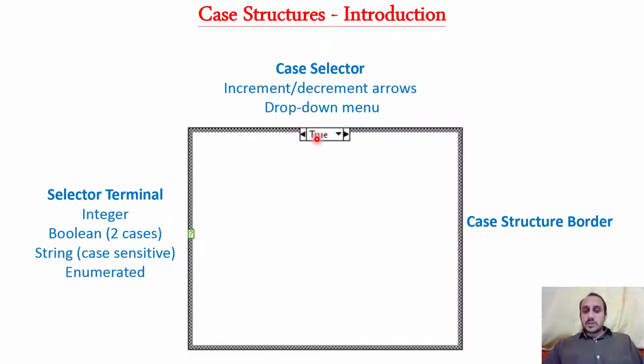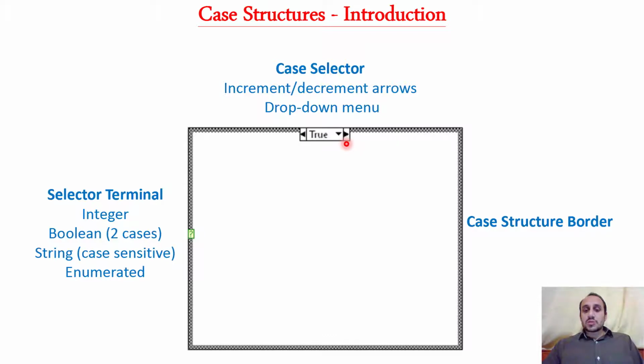This is a true case, so there should be a false case as well, with code that will execute when the user selects the false option. In this case selector, we have two arrows using which we can move from one case to another.